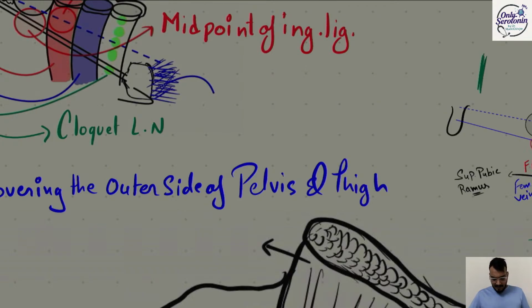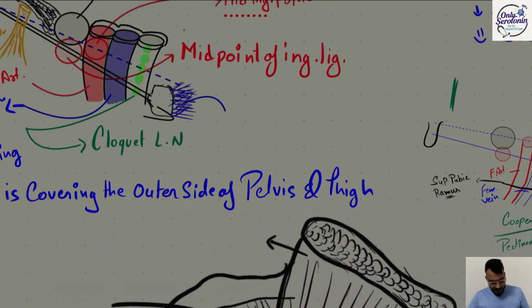Right, guys? Fascia lata is going to give me what? The outer covering of the pelvis and thigh.